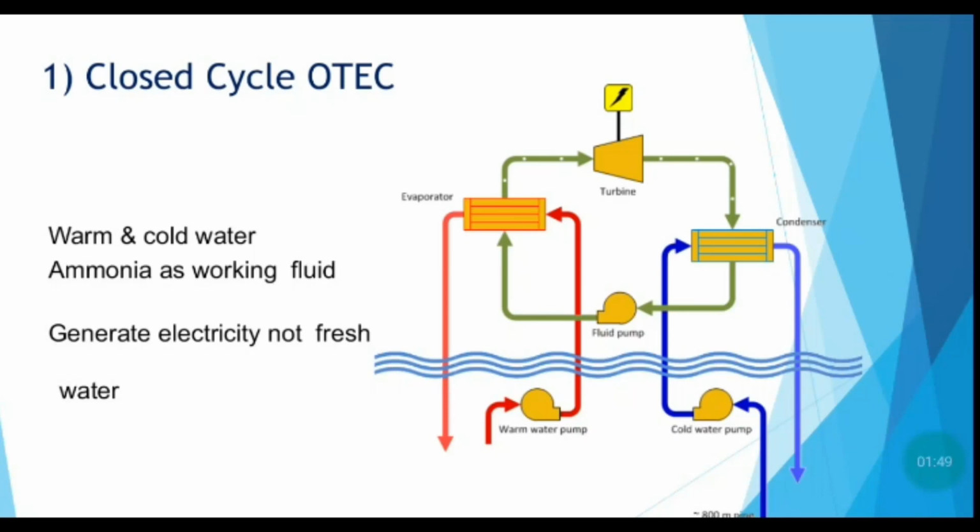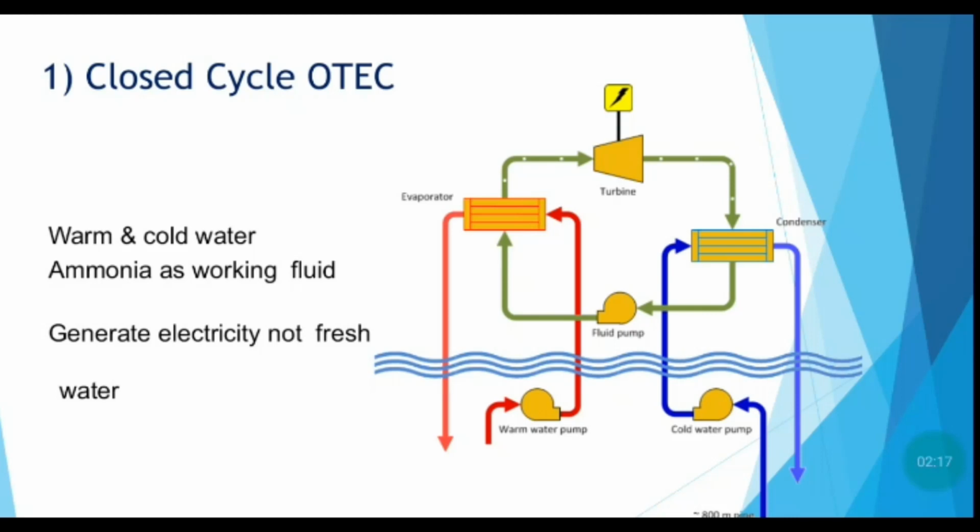In a closed cycle OTEC, warm seawater vaporizes a working fluid such as ammonia, flowing through a heat exchanger or an evaporator. The vapor expands at moderate pressures and turns the turbine coupled to a generator that produces electricity. The vapor is then condensed in a heat exchanger using cold seawater pumped from the ocean deeps through a cold water pipe.